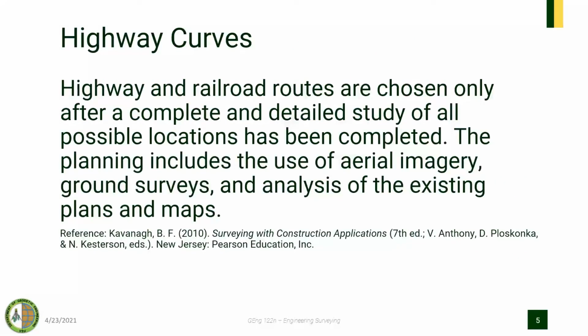Highway and railroad routes are chosen only after a complete and detailed study of all possible locations has been completed. That includes planning by the use of aerial imagery, ground surveys, and analysis of existing plans and maps.